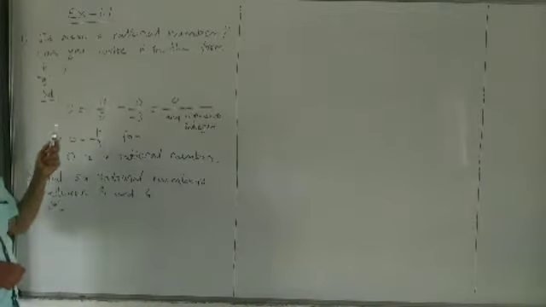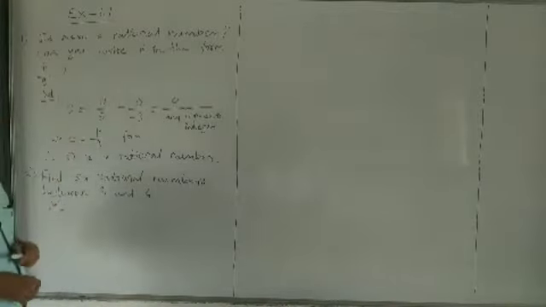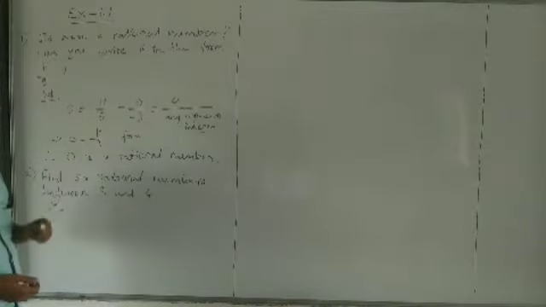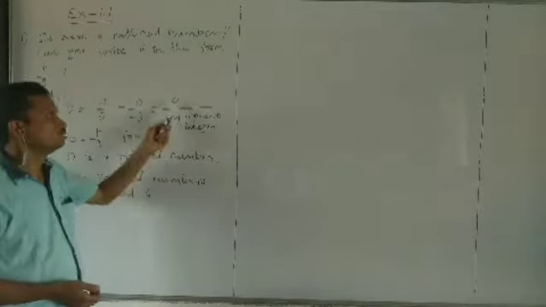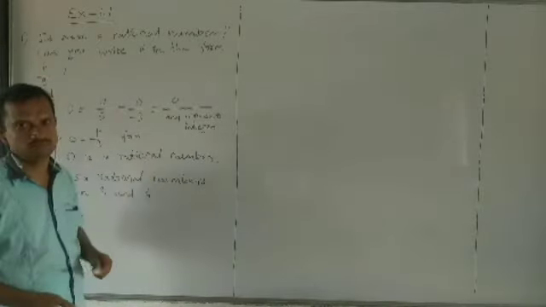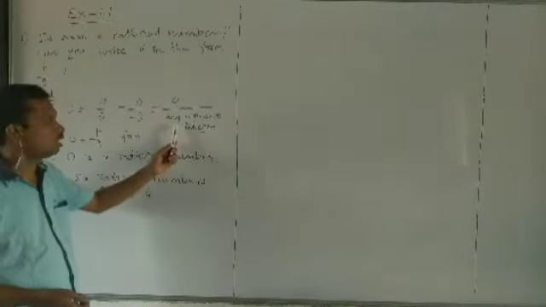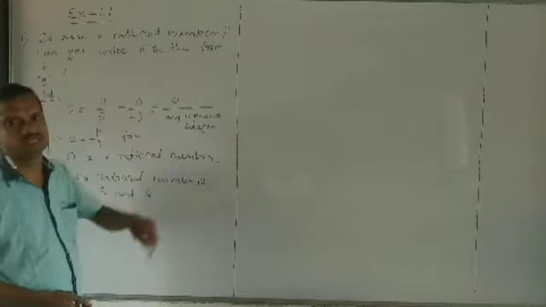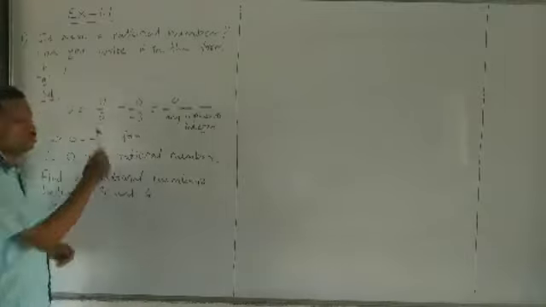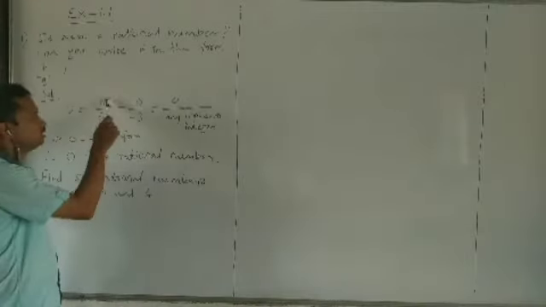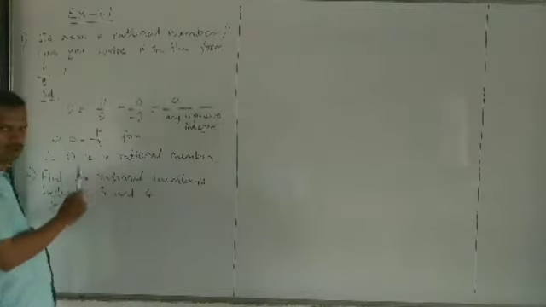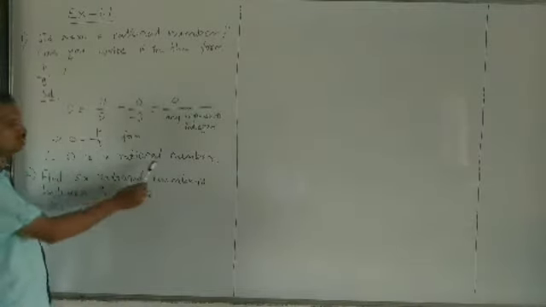So you can write 0 as 0 by 5 or 0 by minus 3, and so on. So generally you can say 0 by any non-zero integer. The denominator should not be 0. So 0 we can represent in integer by integer form, the P by Q form. Therefore 0 is a rational number.